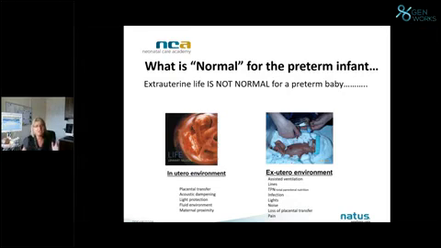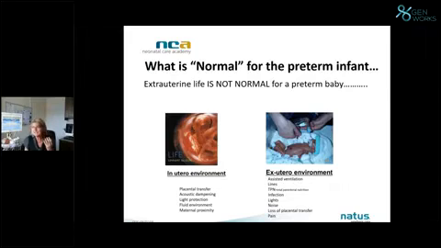So actually extrauterine life is not normal for these preterm babies. So we want to try and think about what we can do to support them, and think about what's going on with these babies' brains.